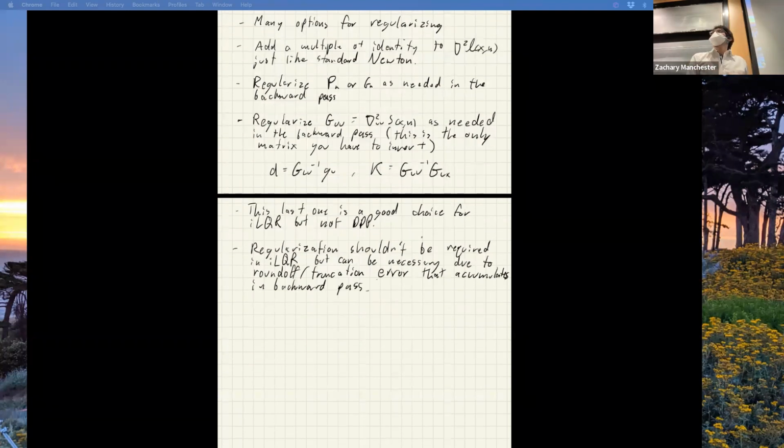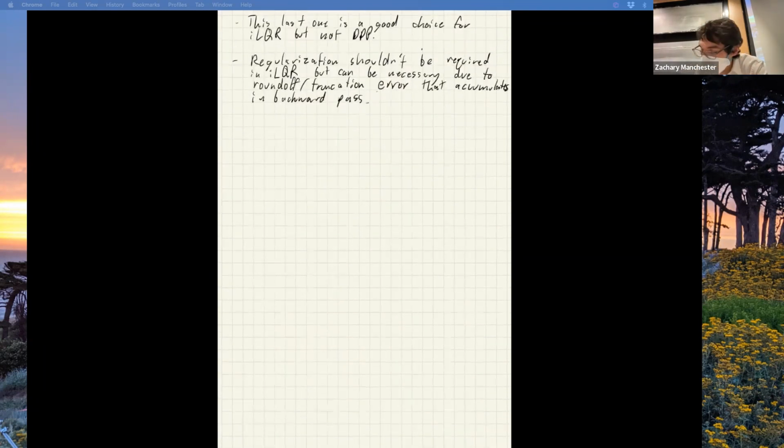Okay, so that's the regularization story. Any questions, comments, thoughts about any of that stuff? These are sort of practical tips and tricks.